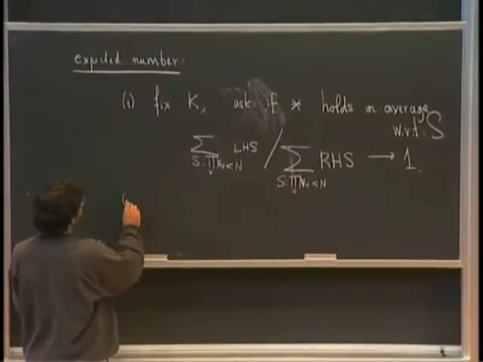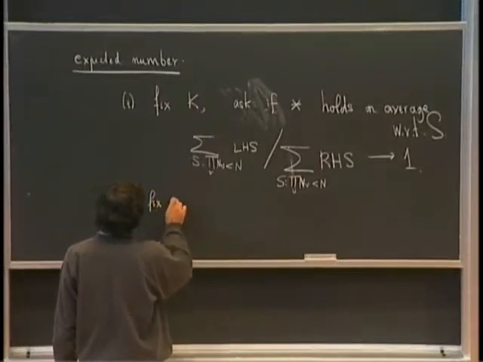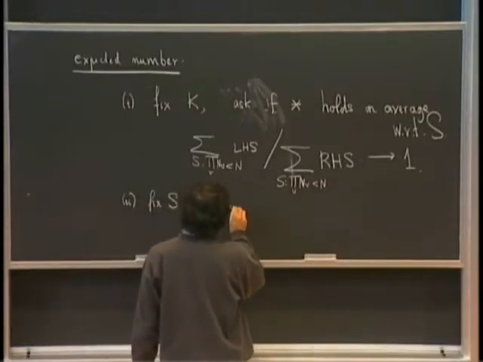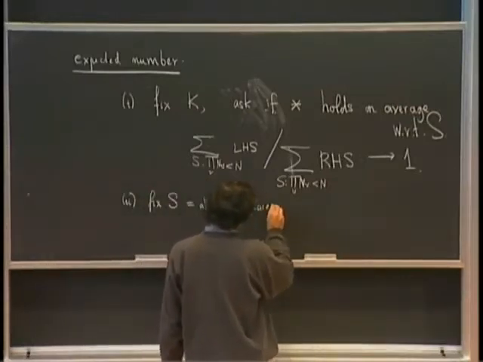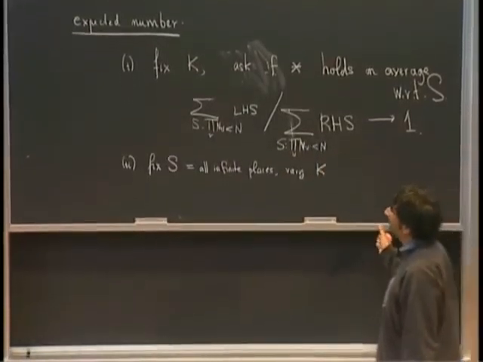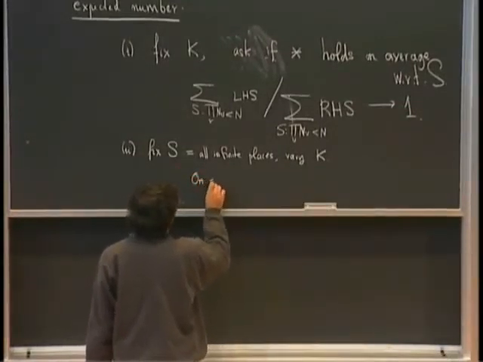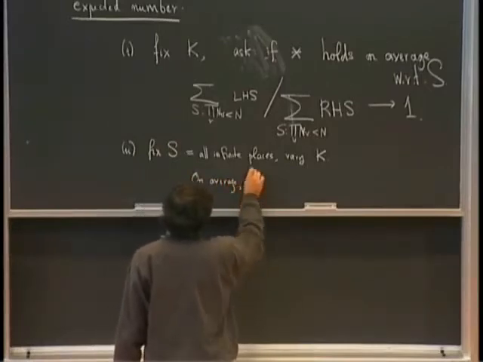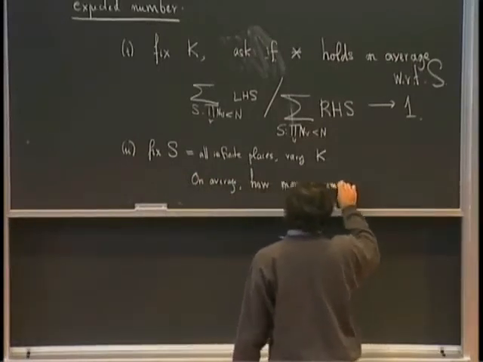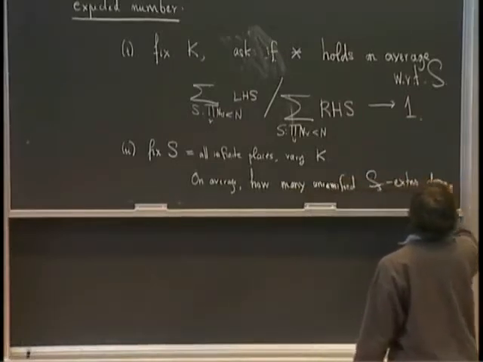Okay, another thing we could do is, rather than that, fix the set S. So for example, let's fix it just to consist of all infinite places and vary the field K. Okay, so the kind of question we might ask here, which this will give some prediction for, is on average, how many unramified, let's say, S5 extensions does a cubic field have as you vary the cubic field?